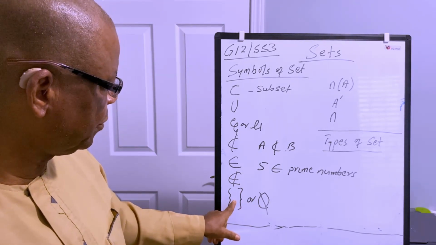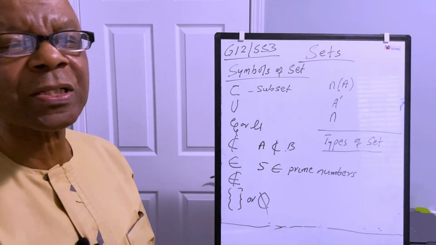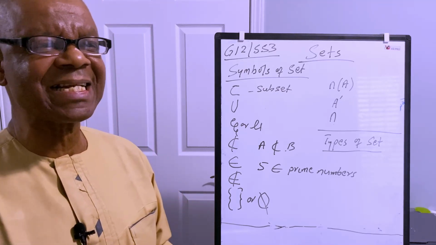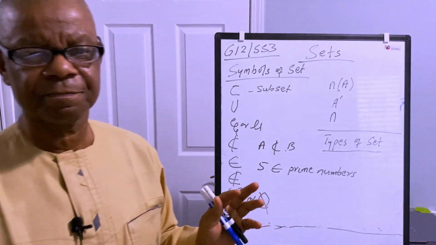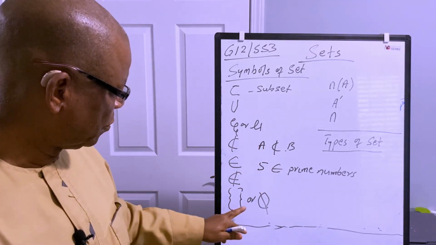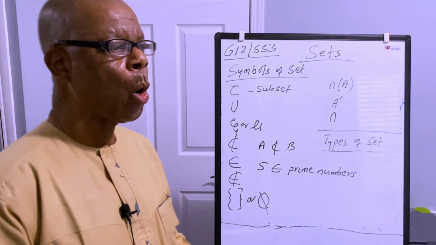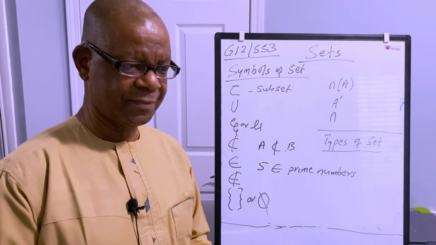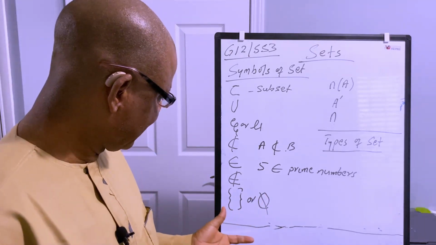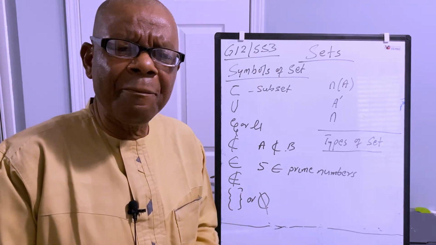Here we have this symbol. This is the empty set, which is the same thing as the null set. Empty set or null set are the same, which means a set that has no element in it. It does not contain any element, so no term in it. We call that empty set or null set. For example, a set that has no member at all.